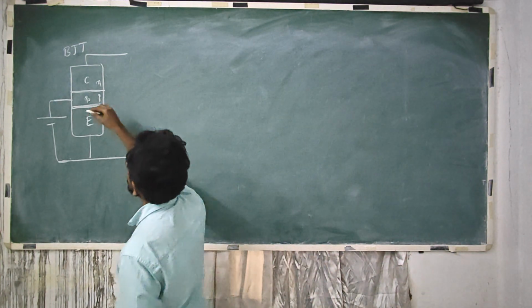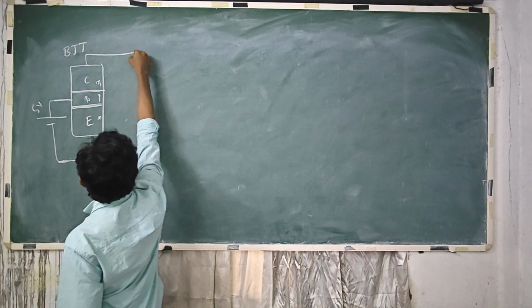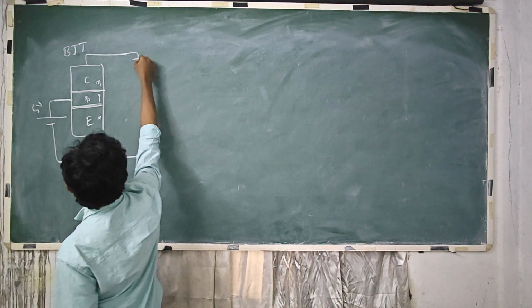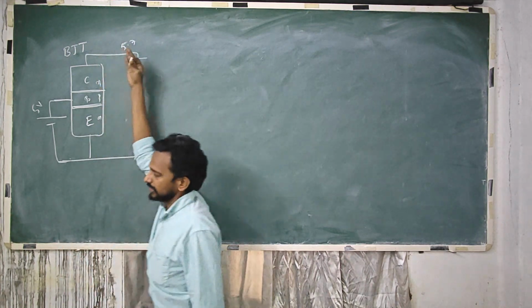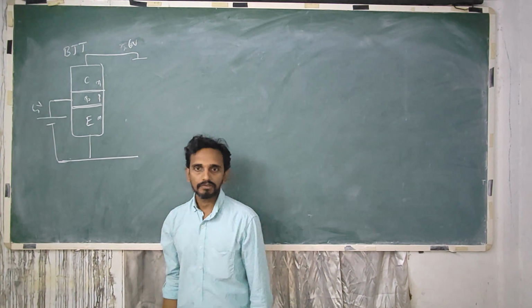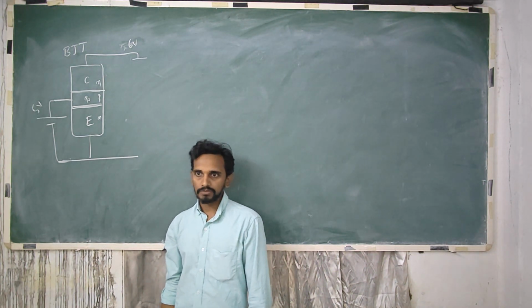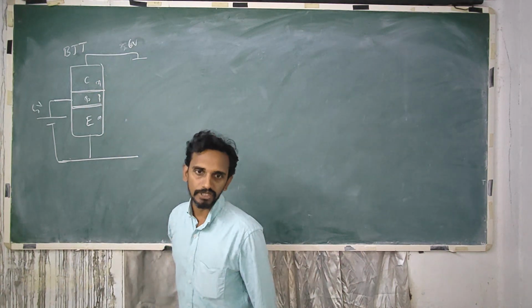Okay. So let's say if you give 5 volts here, you have to give more than that, more than 5.7, let's say, more than 5.7 or at least 6 volts here. Then what happens? This junction will be reverse biased.